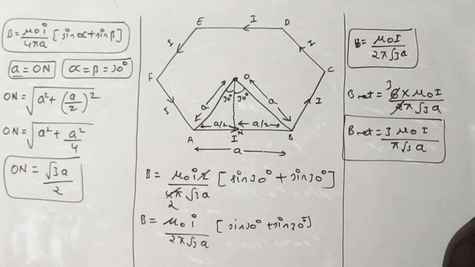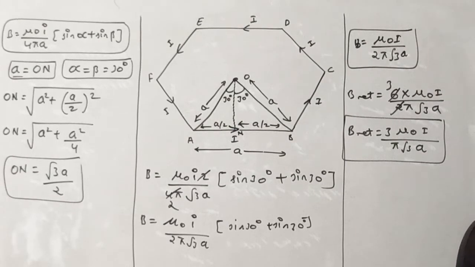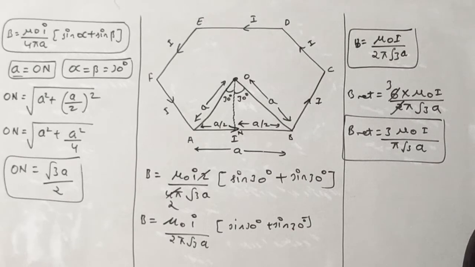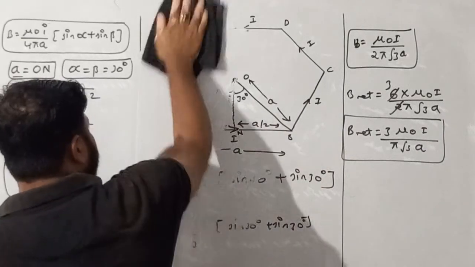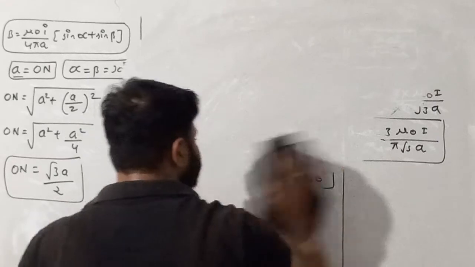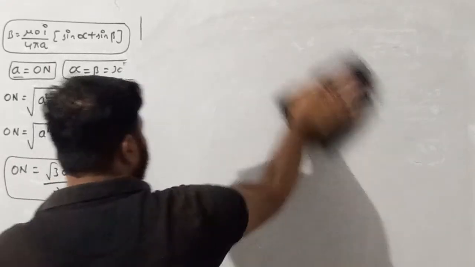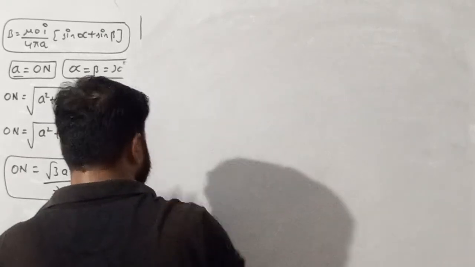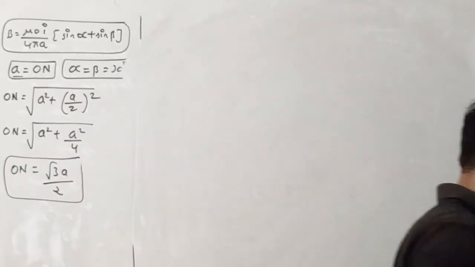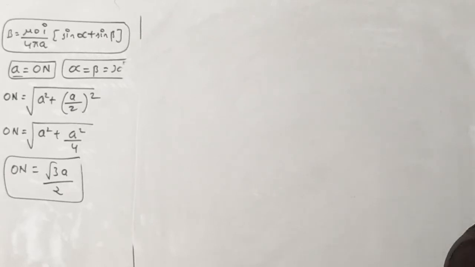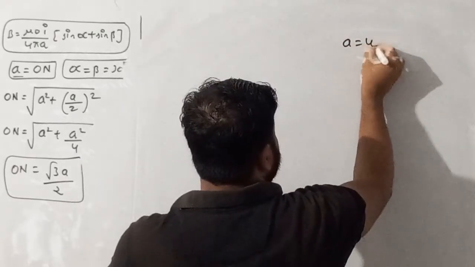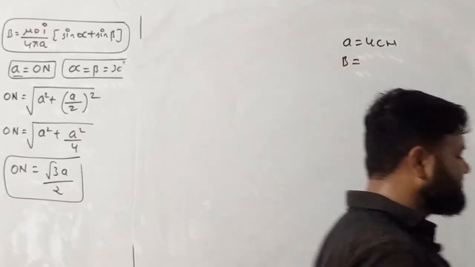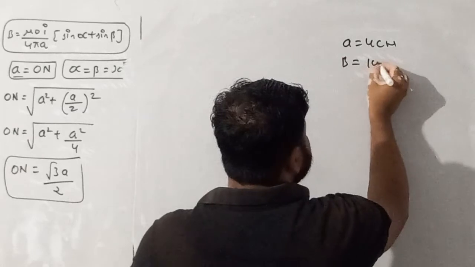The magnetic field at a point P, which is at a distance of 4 centimeter from a long current carrying wire, is 10 raised to power minus 3 Tesla.